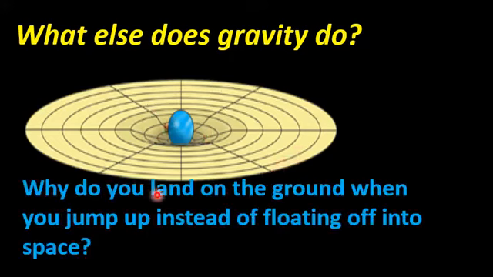Why do you land on the ground when you jump off, instead of floating off in space? What is the reason for this situation?